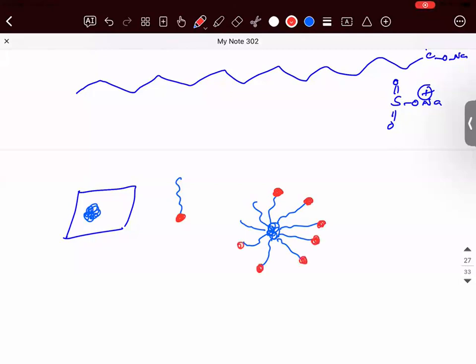When you dip into the water, it comes into the water.